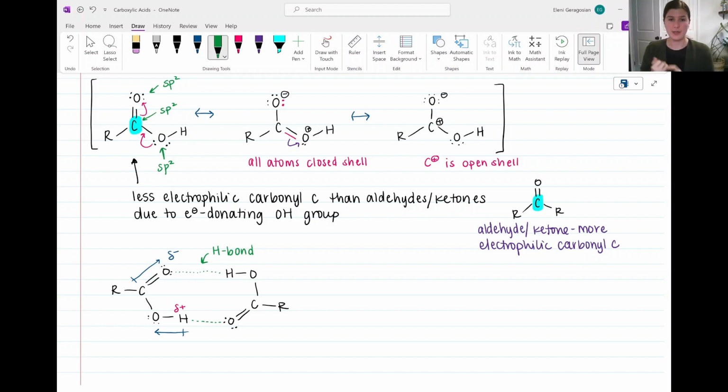And because of the shape and properties of carboxylic acids, they can sometimes exist as hydrogen bonding dimers.